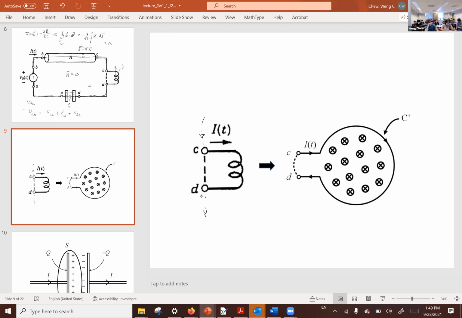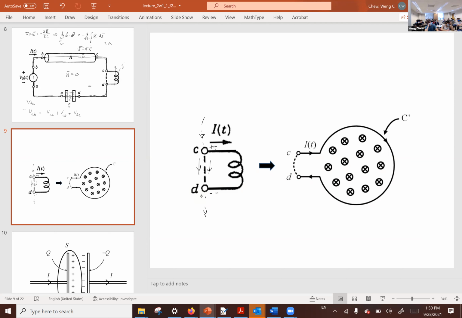Because of the voltage drop, positive charges accumulate at the top and negative charges at the bottom, because the voltage is not equal at the two terminals, and there would be an electric field pointing from top to bottom.